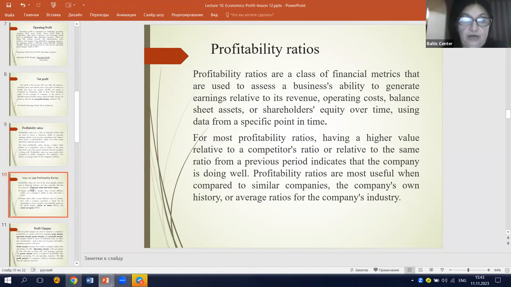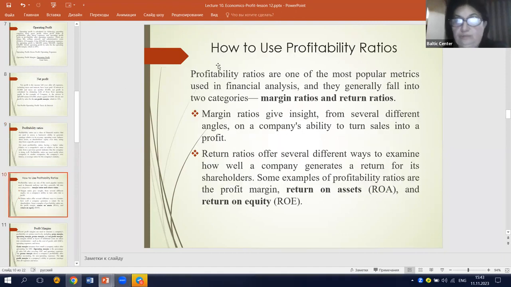So how to use profitability ratios? Profitability ratios are one of the most popular metrics used in financial analysis, and they generally fall into two categories: margin ratio and return ratio. Margin ratios give insight from several different angles into the company's ability to turn sales into profit.